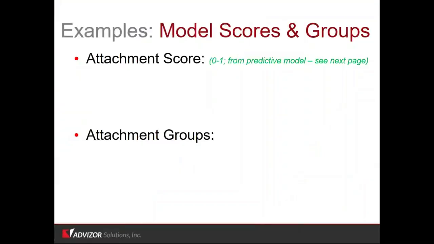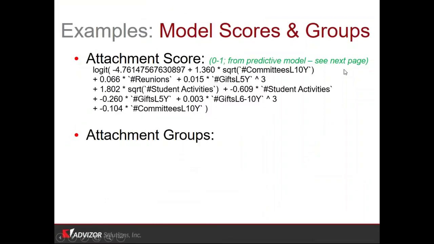A couple more examples: models, scores, and groups. We're going to build an attachment score model, which will create a score on everybody from 0 to 1. We're going to go through the details on the next page, but this will throw a bunch of math in. I'm not going to go through the math. This is a little more complicated, but you don't have to write it. The software generates it. But you can basically see that committees in the last 10 years get some kind of a square root with a factor, then reunions get some kind of a factor.